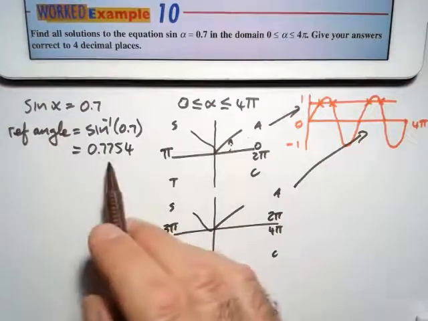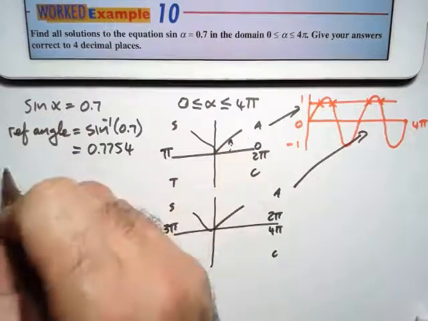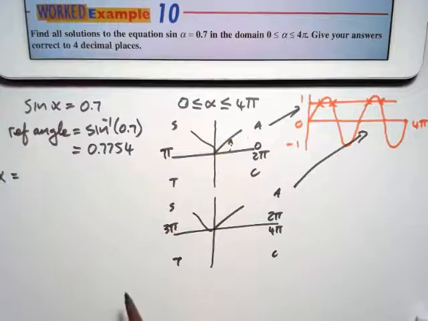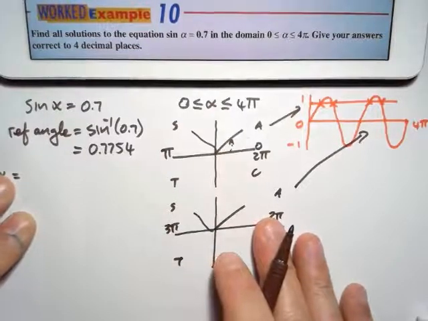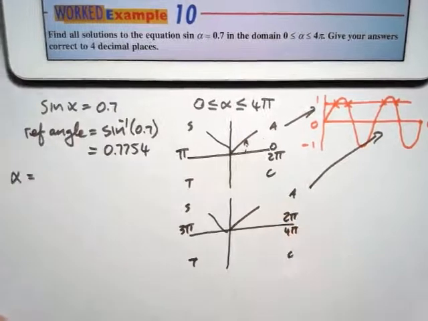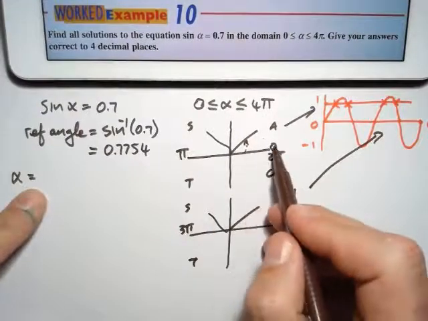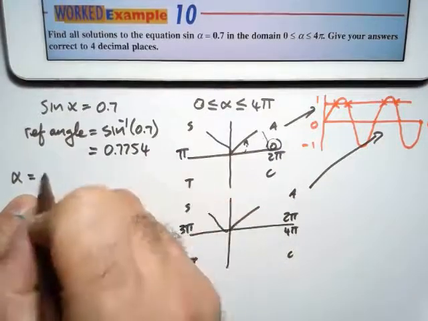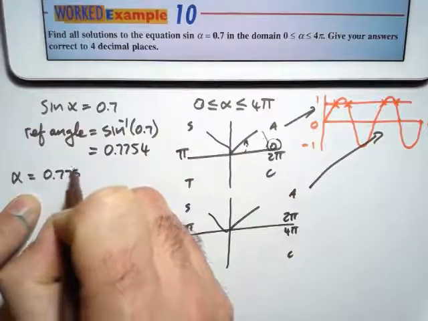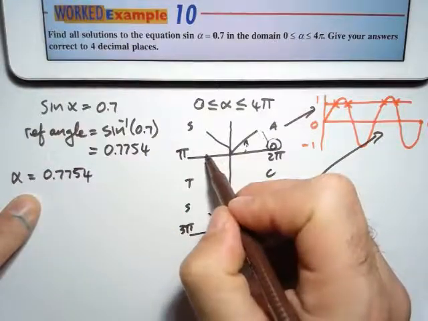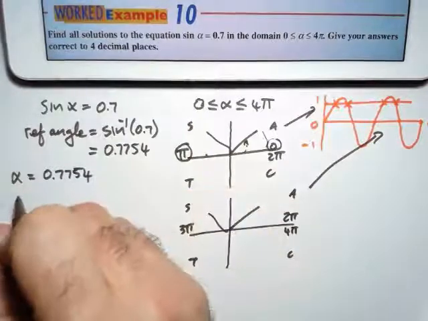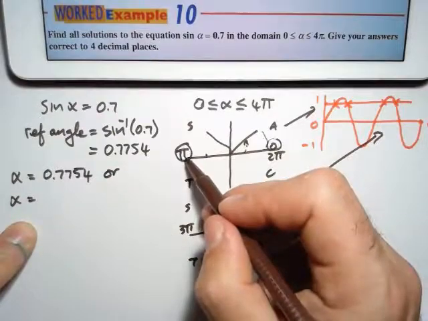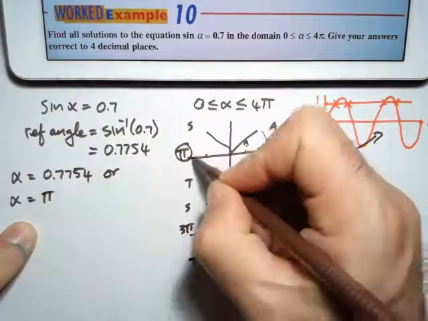Now that I have the reference angle, I can say alpha equals, and there are going to be a few answers. In my first quadrant, it's going to be 0, going in the positive direction, so it's plus 0.7754. Then my second one: I'm going to start at pi, so alpha is, or, pi and I'm going in the negative direction.